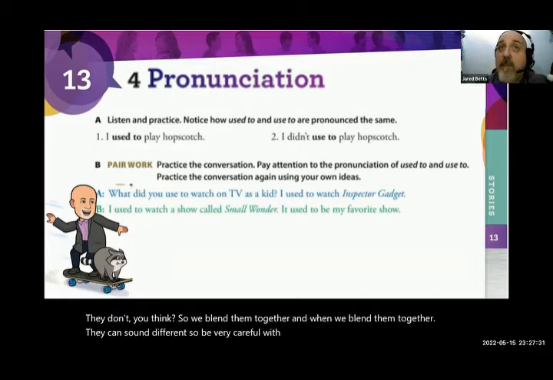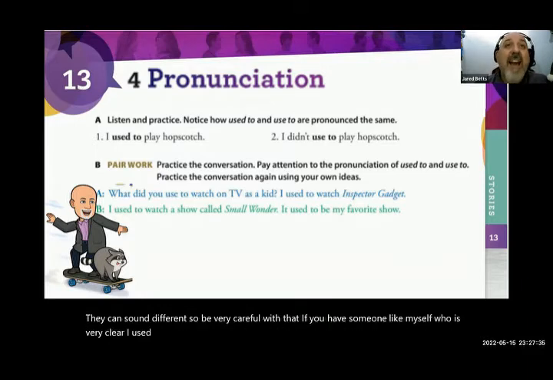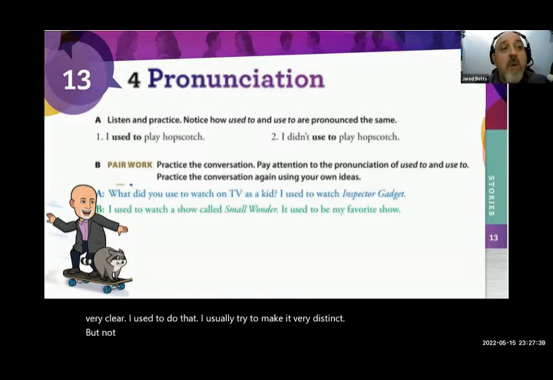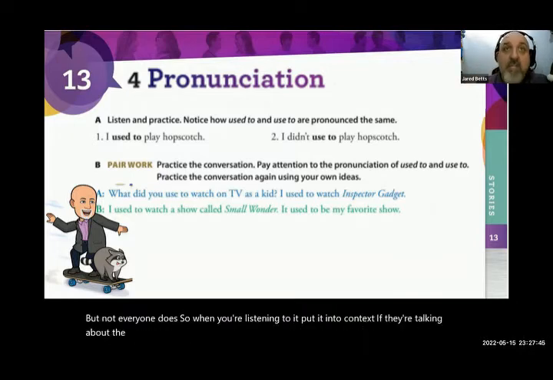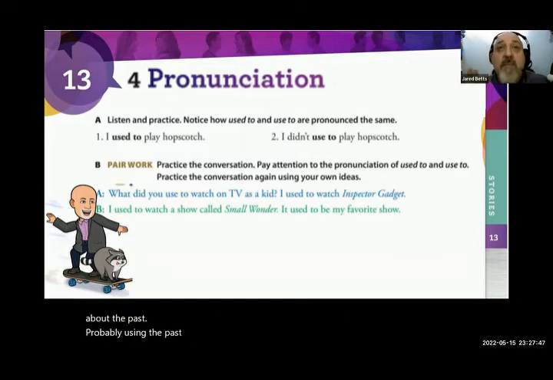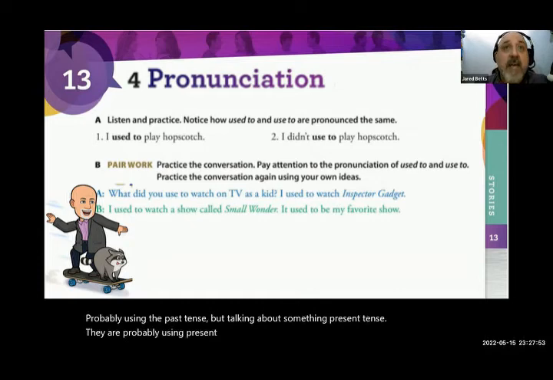If you have someone like myself who is very clear, I used to do that. I usually try to make it very distinct, but not everyone does. So when you're listening to it, put it into context. If they're talking about the past, probably using the past tense. If they're talking about something present tense, they are probably using present tense. You have to listen to the context. Okay.